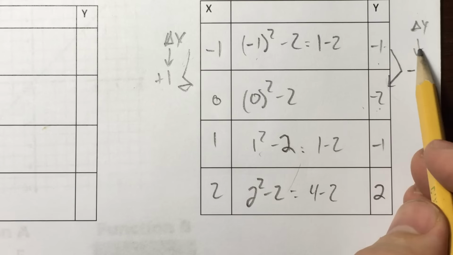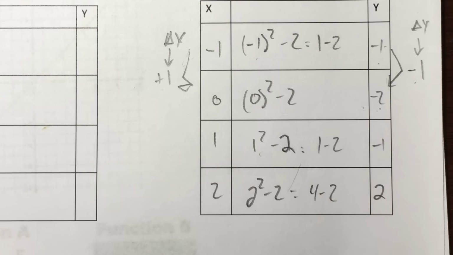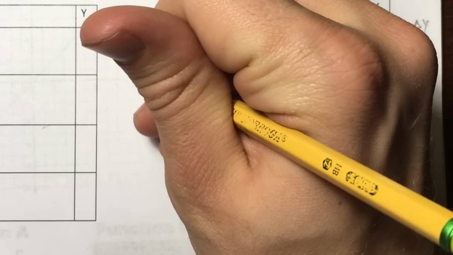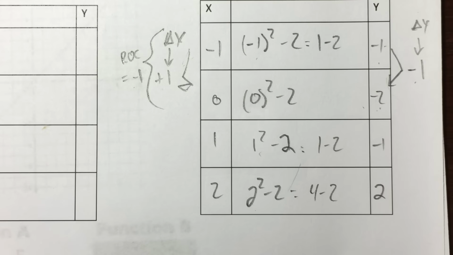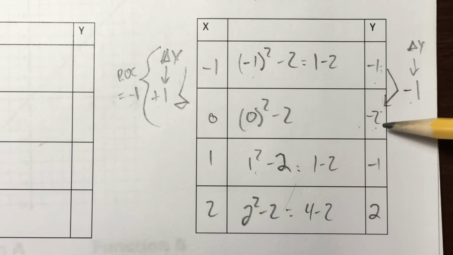So the change in y being -1 and the change in x being +1 gives us a rate of change of -1 between these first 2 points. Now, if this were linear, we would need to find a rate of change of -1 between each of these points.